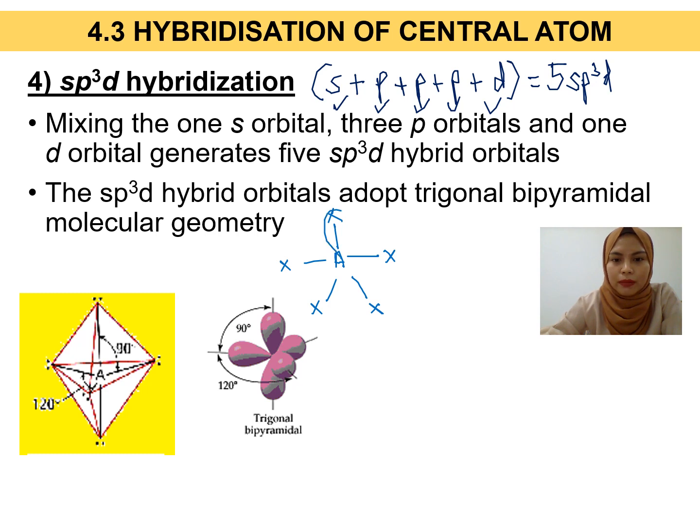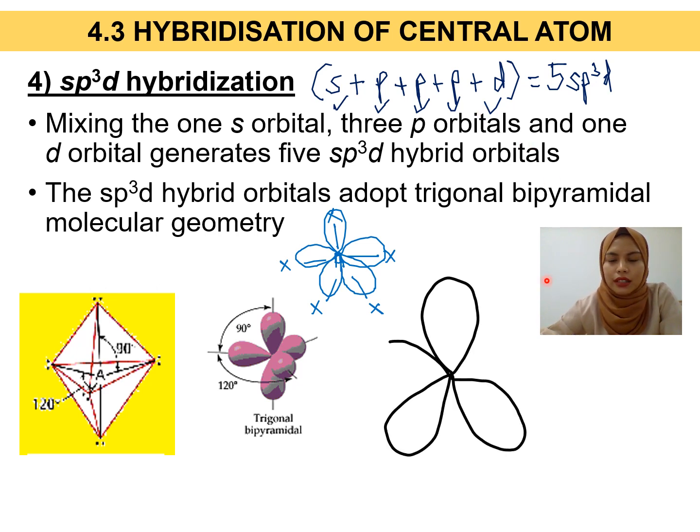This is the first petal, because this is just one sp3d hybrid orbital. This is the second sp3d hybrid orbital. This one is the third, this one is the fourth, and this one is the fifth sp3d hybrid orbital. That's why it becomes a trigonal bipyramidal shape. So this is how you draw sp3d hybrid orbitals.